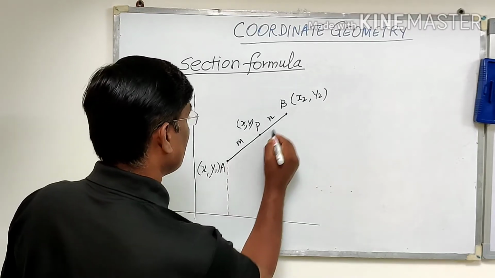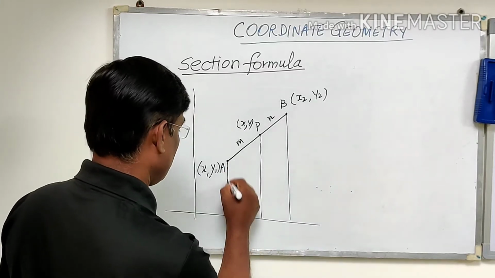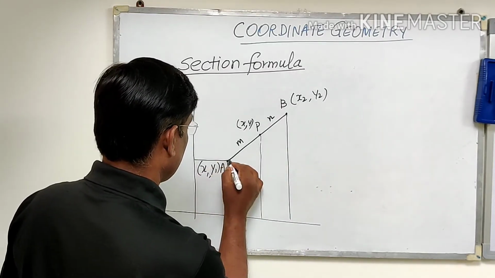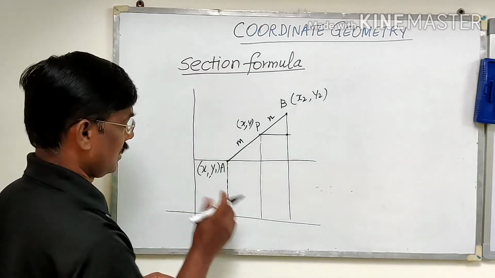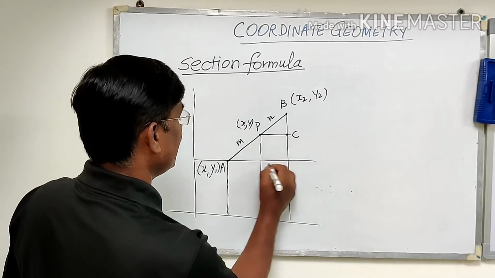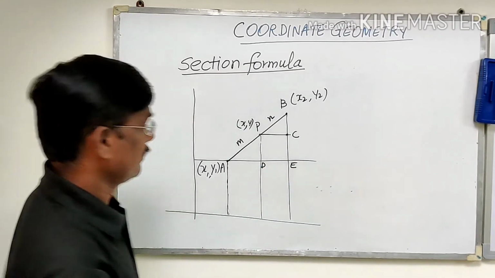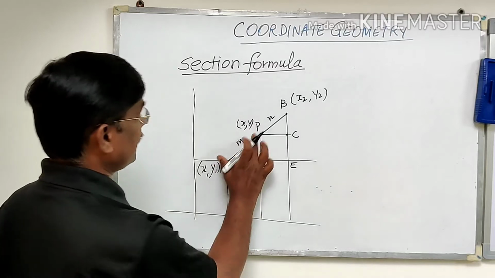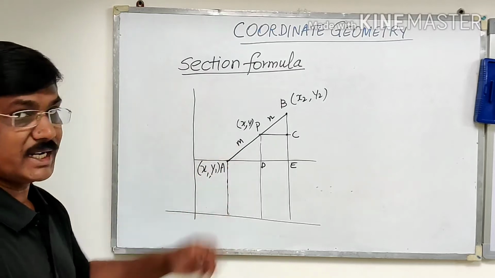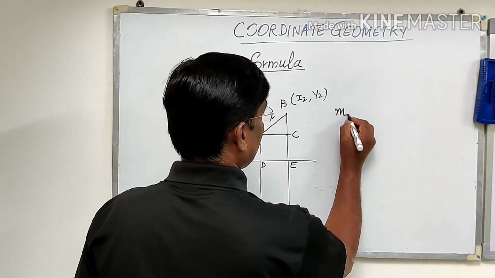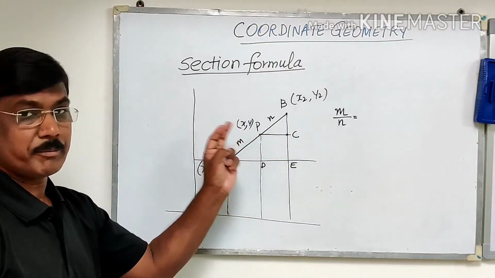Now draw vertical lines, and let us say this is D, C, and this point is D and this point is E. And this length is M and this length is N. So now we have to find the ratio M divided by N. This is the ratio in which the coordinate P divides.